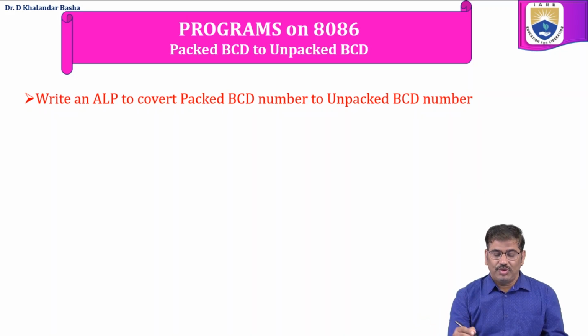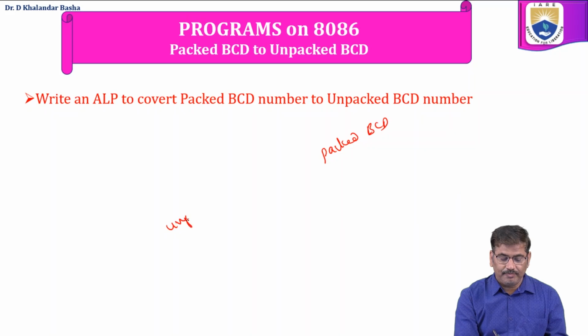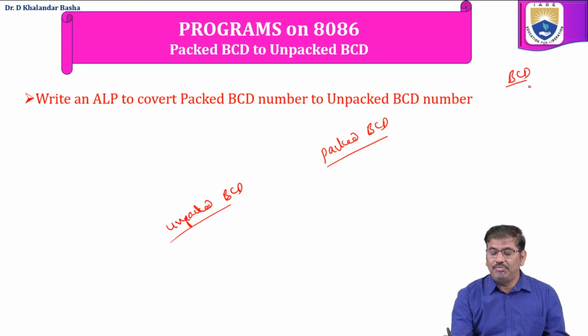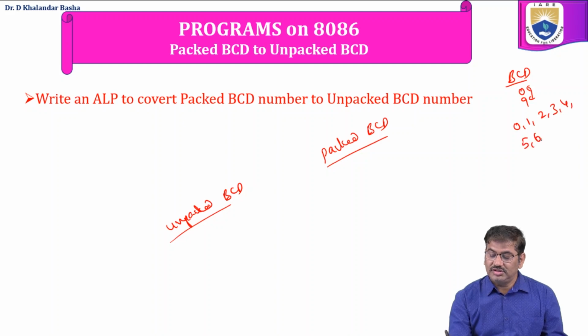Before going to the program, we will see what packed BCD and unpacked BCD are. BCD means binary coded decimal, where the allowed values are from 0 to 9, that is 0, 1, 2, 3, 4, 5, 6, 7, 8, 9.